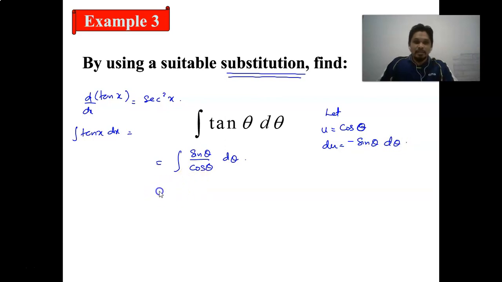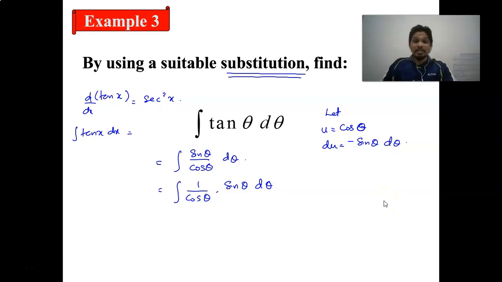Okay, so most of the time, my method or my style for this kind of question is to make this one here 1 over cos theta, and then shift the sine theta d theta a little bit further to the front.